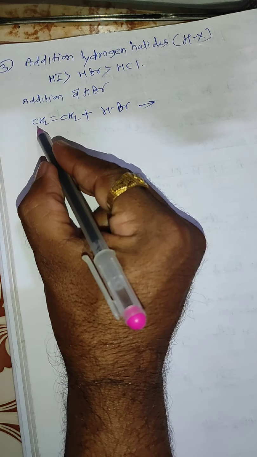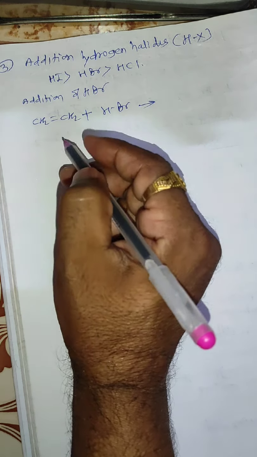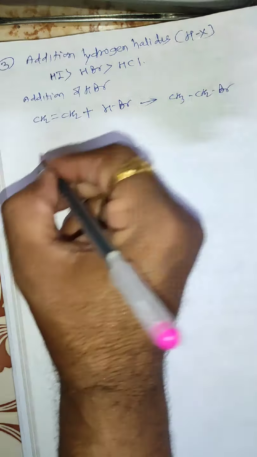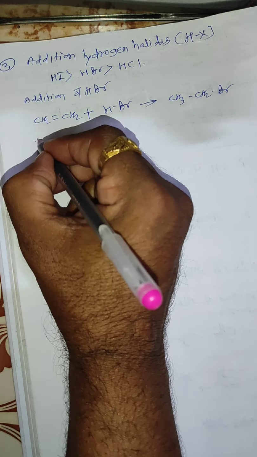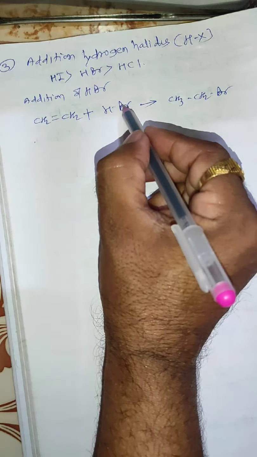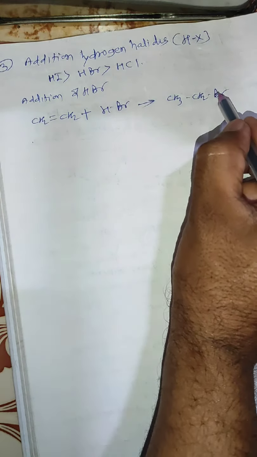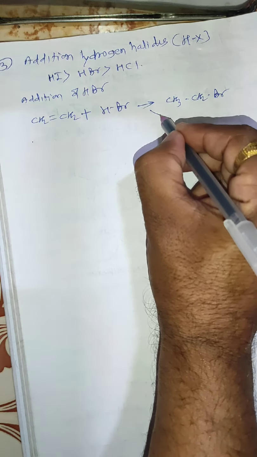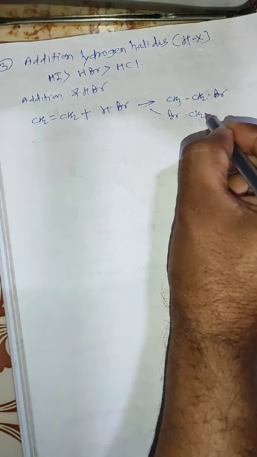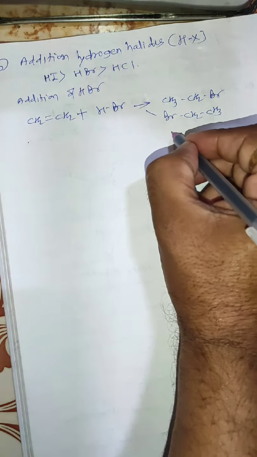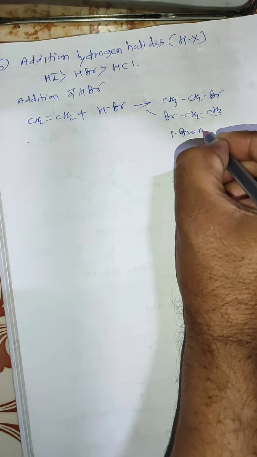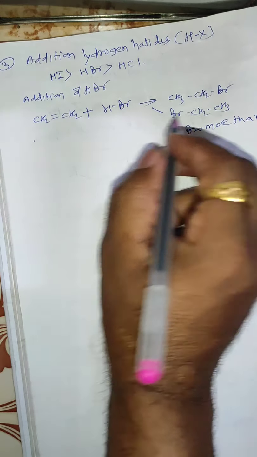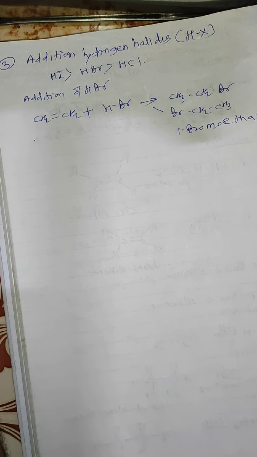It is a symmetrical alkene, because on both sides of the double bond the carbon is the same, and it gives CH3CH2Br. The Br will be added to this carbon or this carbon atom to form the corresponding CH3CH2Br, or Br-CH2-CH3, that is 1-bromoethane, or bromoethane.